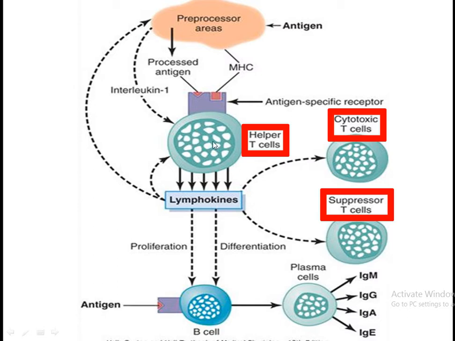They release different kinds of lymphokines, which not only affect the B lymphocyte but also have a great influence over the cytotoxic and suppressor T cells. Once they act on the B cell, it produces different types of immunoglobulins.